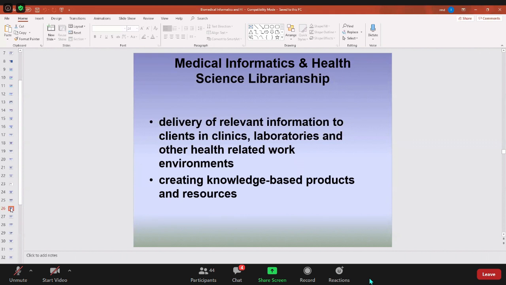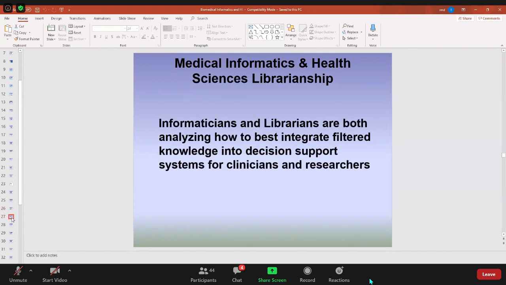Medical informatics is actually creating knowledge-based products and resources. Knowledge-based products here are not something tangible, but something intangible that you can share among the patients or the public or population or society. Informaticians and librarians are both analyzing how to best integrate filtered knowledge into decision support systems for clinicians and researchers.